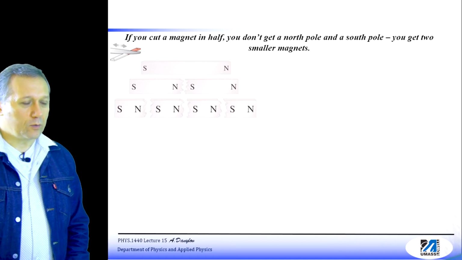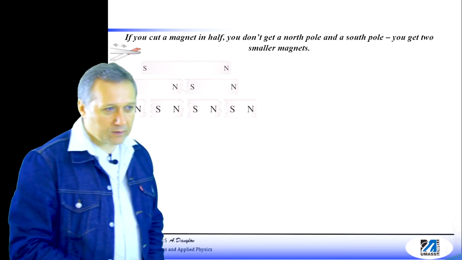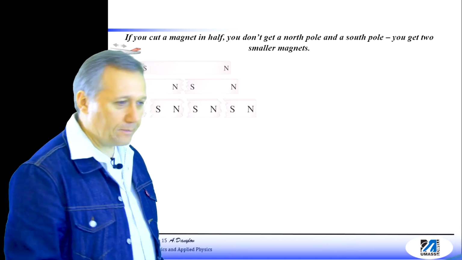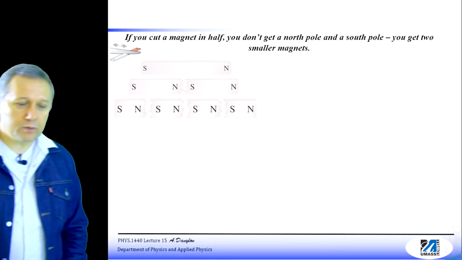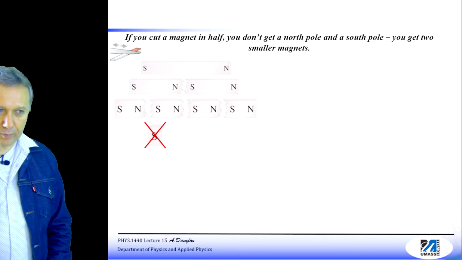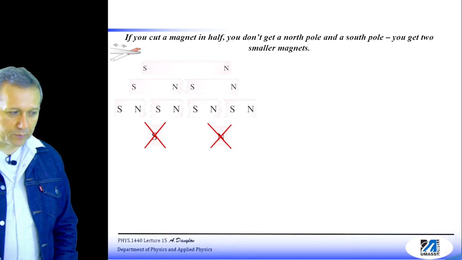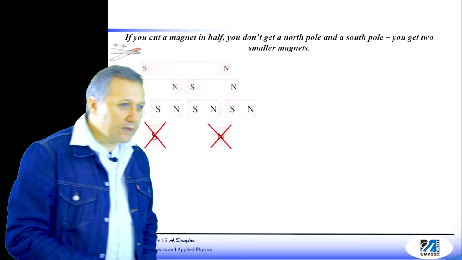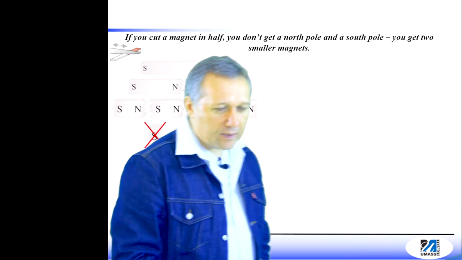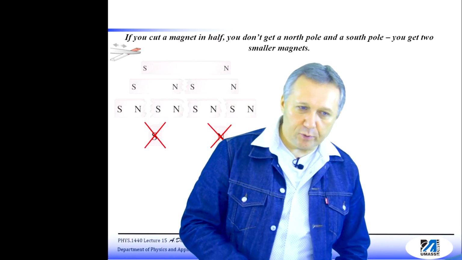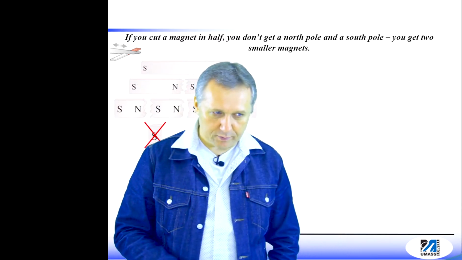So now we can state that there are no magnetic monopoles. Okay, it doesn't mean that it's impossible for them to exist in the universe.